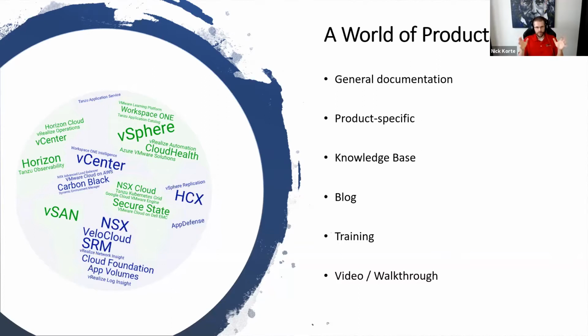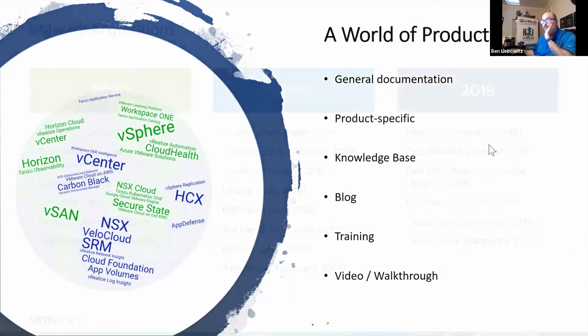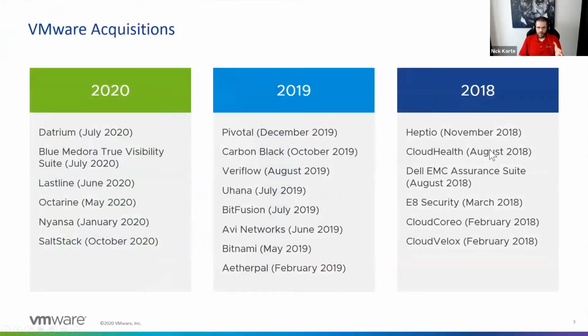But I'm talking about officially produced VMware content to a large extent here. And if you look at the number of acquisitions that VMware has made over the past few years, you can see how this might be a challenge. It's going to be a little bit difficult to put everything in one spot with all these companies getting acquired and folding in. Some of them get integrated at different times. Sometimes the documentation sites get absorbed at different times. So just keep in mind, not all of it is going to be in the same spot, but I'm trying to provide a collection of where you can look.